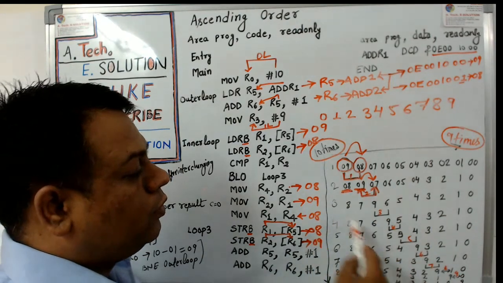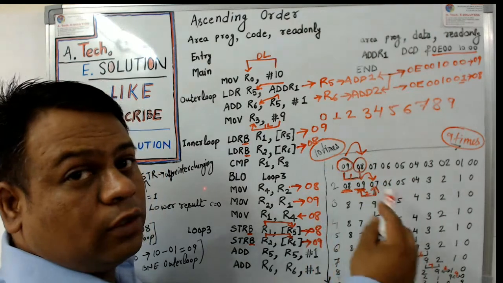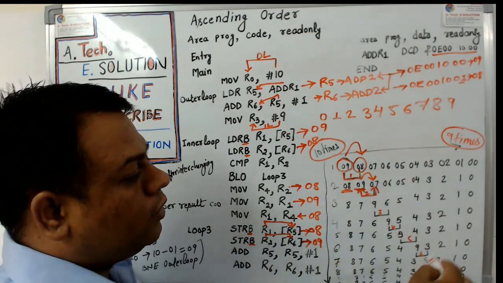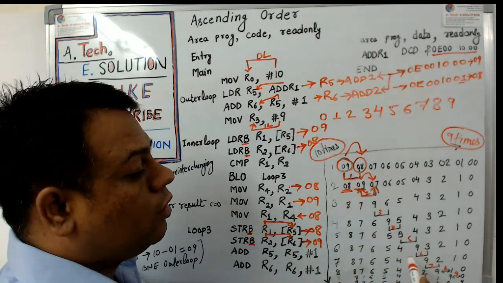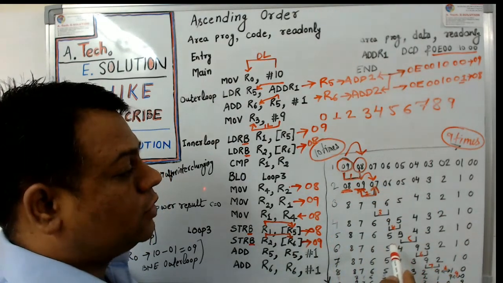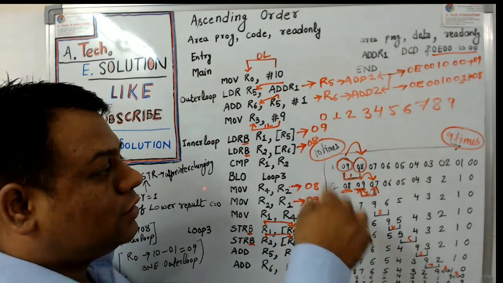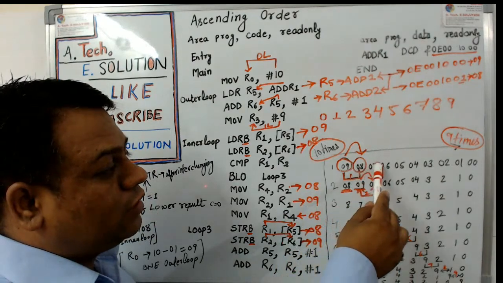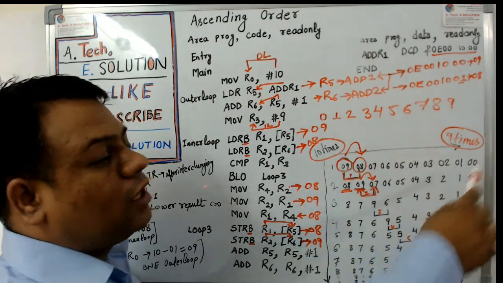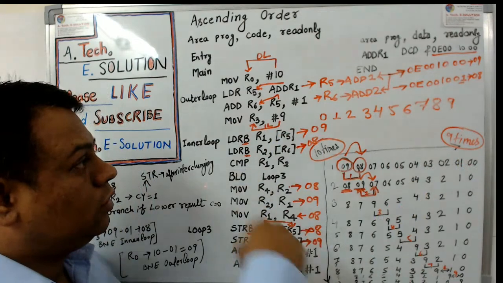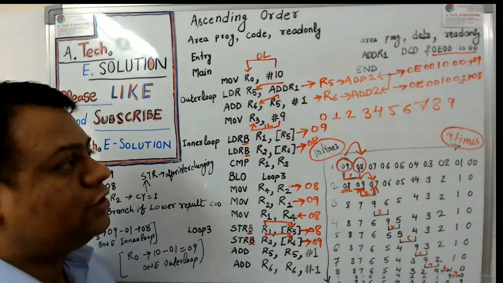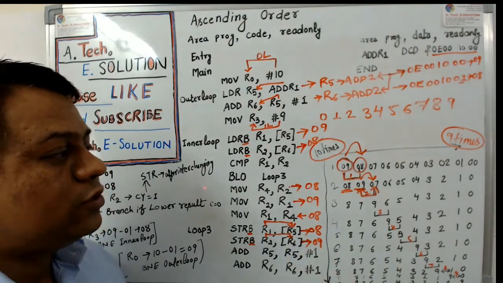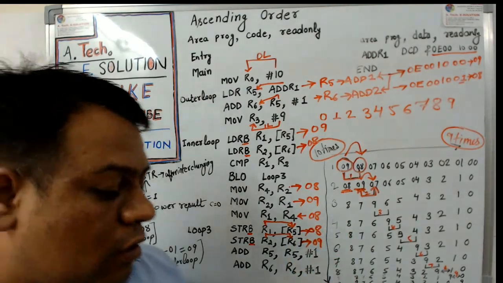So the inner loop compares these numbers how many times? 9 times. And what does the outer loop do? It takes the first value, then the second value, then the third value, and compares with the other numbers. So these are the instructions which are used to compare, and we can demonstrate this program in ARM.